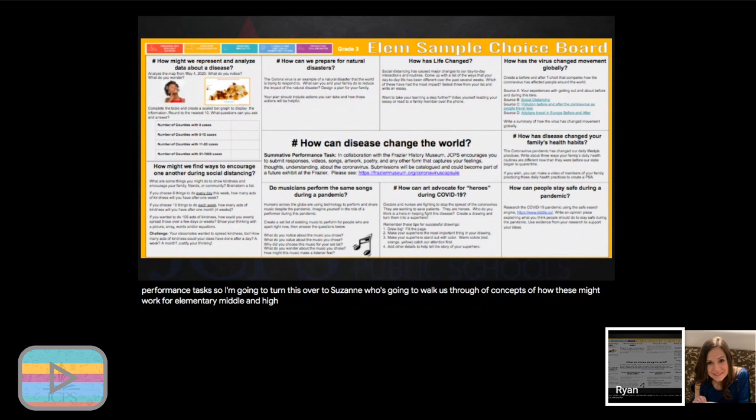And what you should see, and what we very intentionally did, is that the tasks and questions not only scaffold or feed into the compelling question in terms of processes, skills, and topics, but also they scaffold vertically. So if you were to try to pull out some of the math tasks or the music tasks or the science task or ELA, what you would see is this vertical articulation.